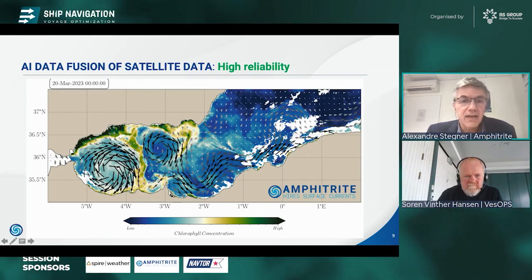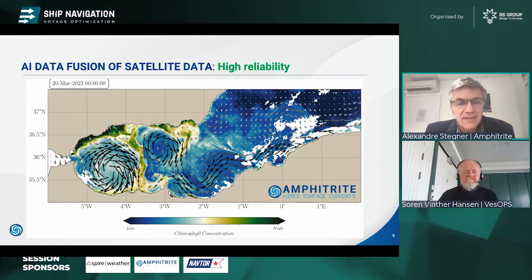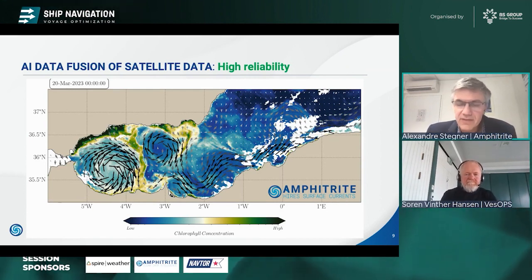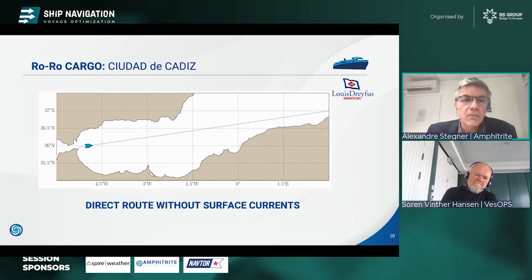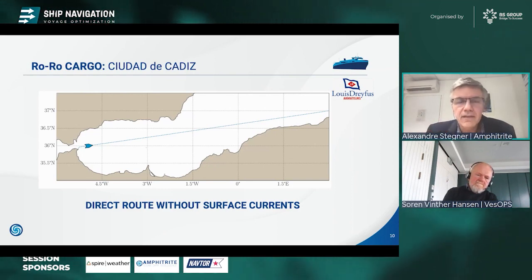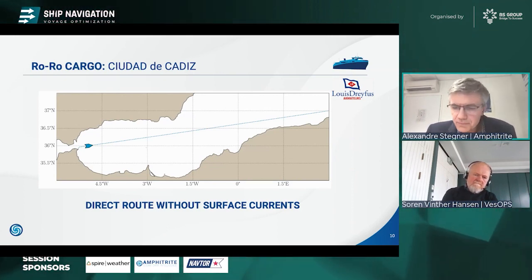And then this fine-scale current will be a way to optimize the speed. If you have no information, and this is the case for most of the boats in this area, they go in a straight line, a direct route, and they don't really take into account these surface currents.